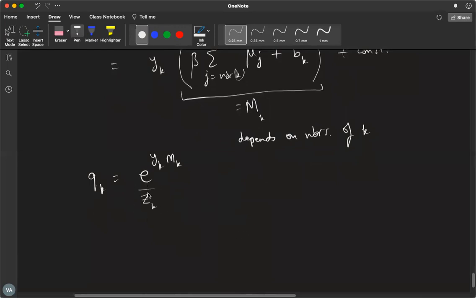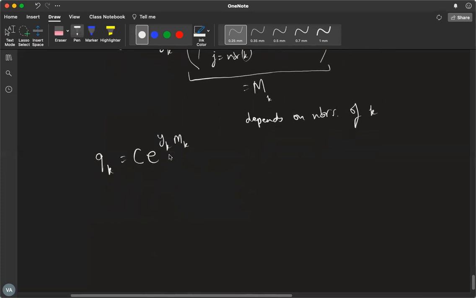Now to find the value of this constant, let me call it c. Because I know yk can take only two values, plus 1 or minus 1, so I can find the value of c. So how do I find it?